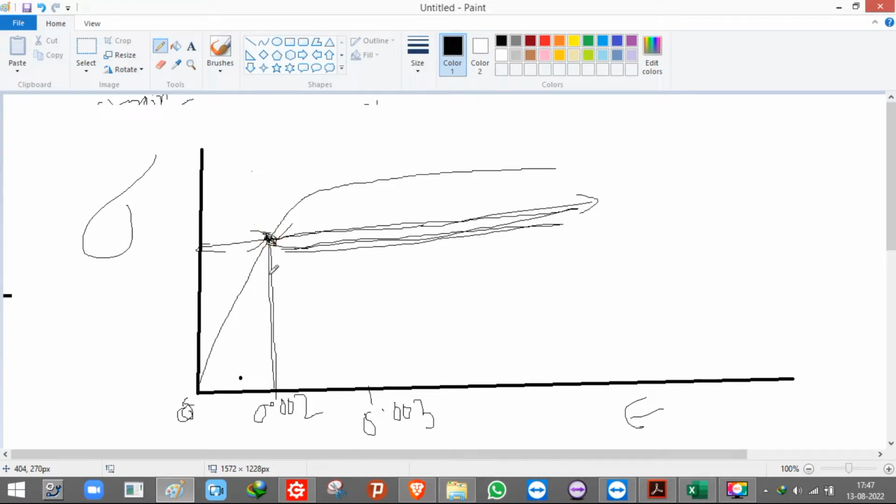So this point is elastic strain. What will be the inelastic strain over here? It will be 0. So if I write the total strain, 0.002, 0.003, this is my total strain I'm writing. And if I have to write the inelastic strain, up to 0.002 the strain is elastic.